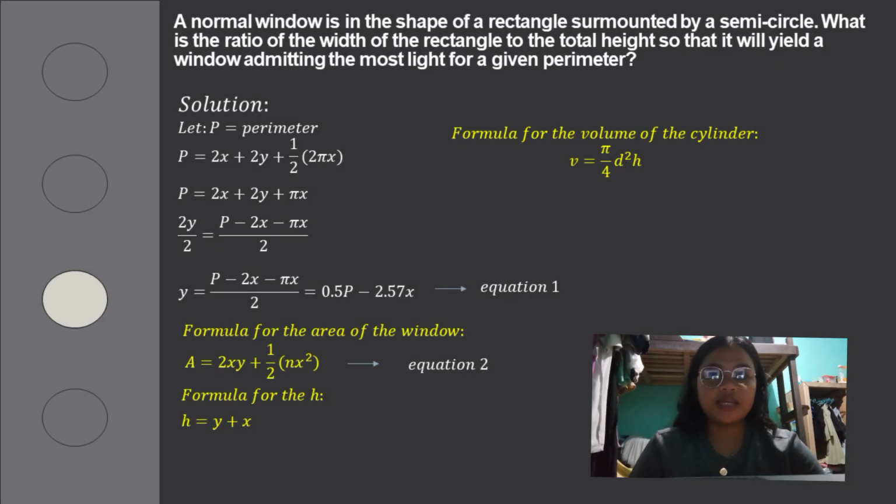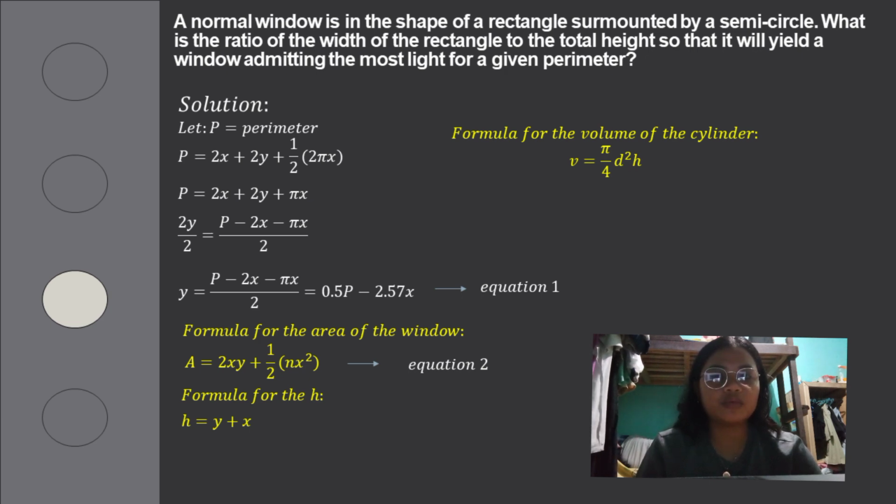So our problem here: a Norman window is in the shape of a rectangle surmounted by a semicircle. What is the ratio of the width of the rectangle to the total height so that it will yield a window admitting the most light for a given perimeter? So solution: let P equal perimeter. P equals 2x plus 2y plus 1 half times 2 times pi times x.